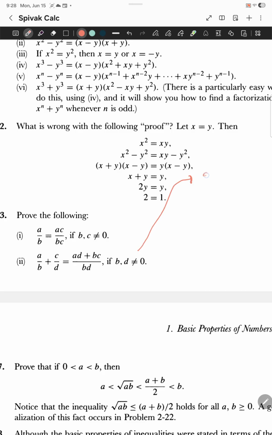Alright, so a over b plus c over d is equal to what? a times b to the power of -1 plus c times d to the power of -1. So what is this equal to?